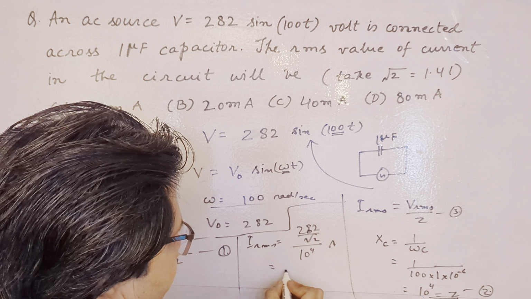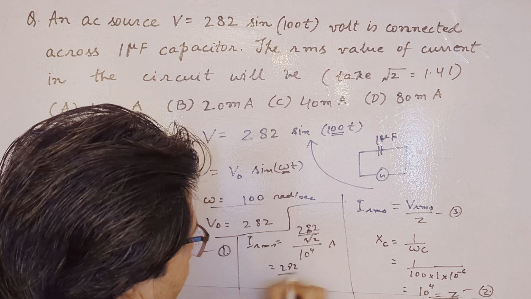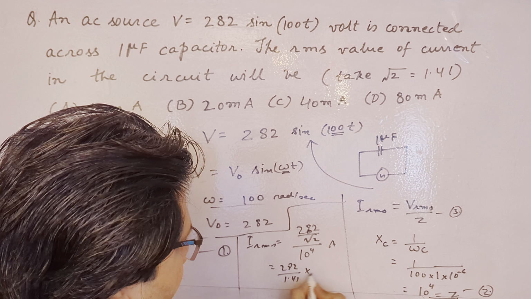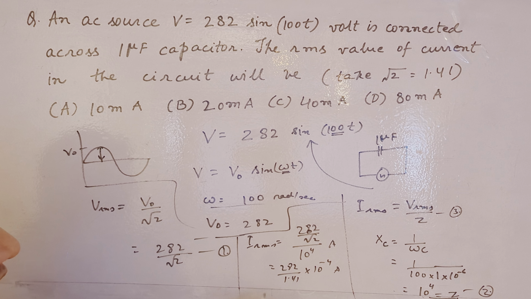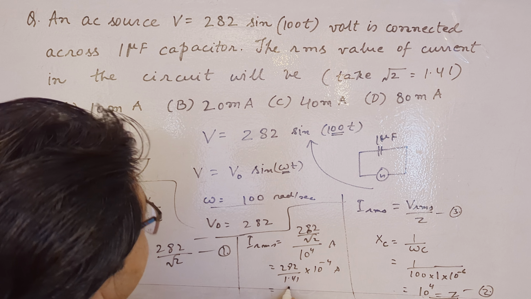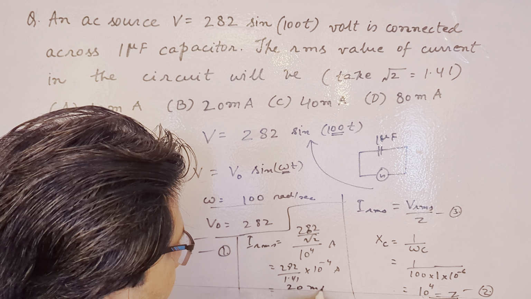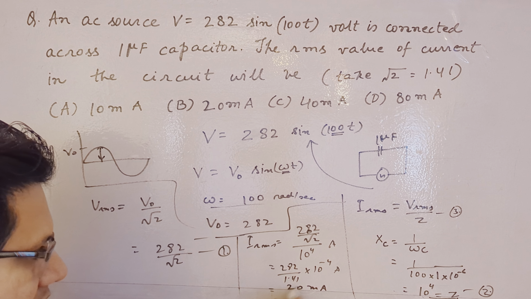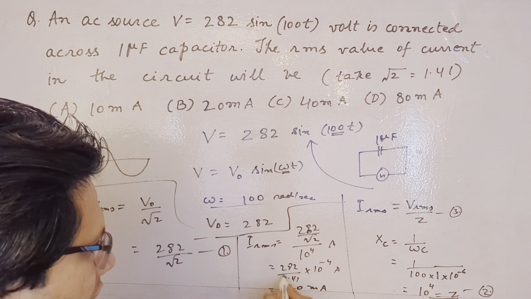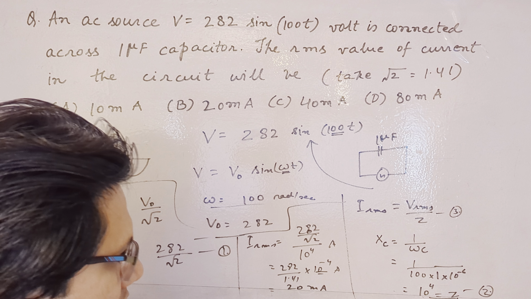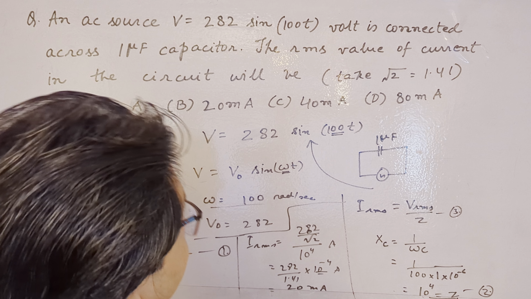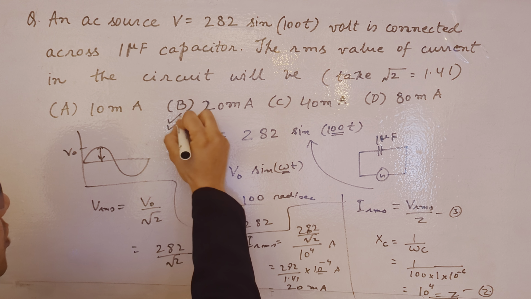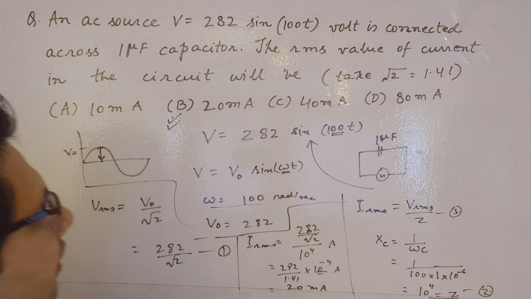So this comes out to be 282 upon 1.41 multiplied by 10 raised to the power minus 4 ampere. After solving, we get the current as 20 milliampere, because this becomes 200 multiplied by 10 to the power minus 4, which we can write as 20 into 10 to the power minus 3, equal to 20 milliampere. So option B is correct here. This is the final answer.